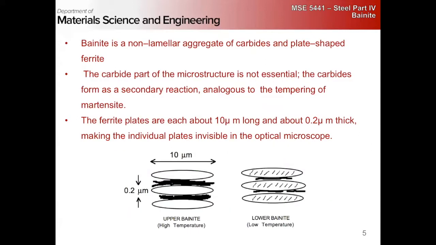If we cool fast enough and we miss this nose, we're going to hit martensite. So it's a non-lamellar aggregate of carbides and plate-shaped ferrite, right? It turns out that the carbide part is not really the essential process here. The carbides form after the fact, right? So we have a transformation from austenite to ferrite that happens with a characteristic shear, and then we get these plates of cementite that form.